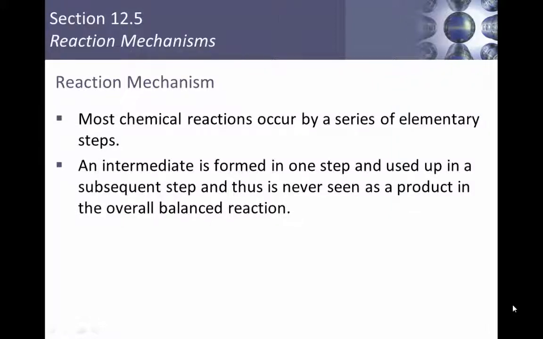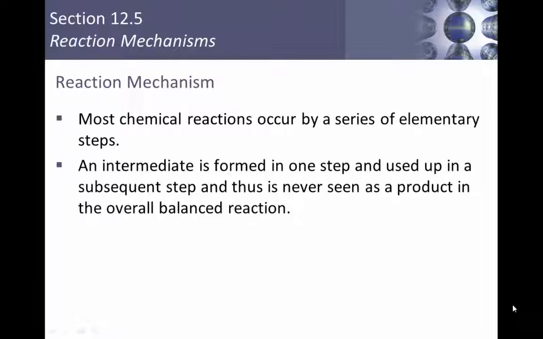Reaction mechanisms are the play-by-play of the molecules and atoms interacting to go from reactant to product. We call this a series of elementary steps. So we try to determine what's happening within the reaction as it eventually goes from reactant to product.